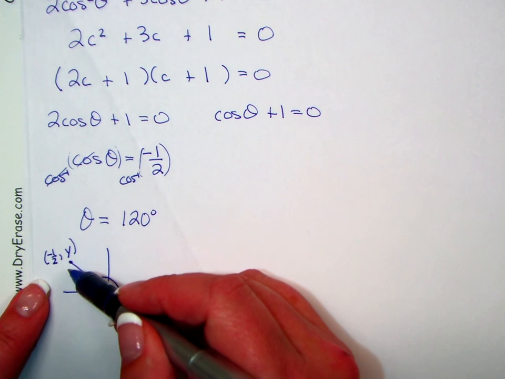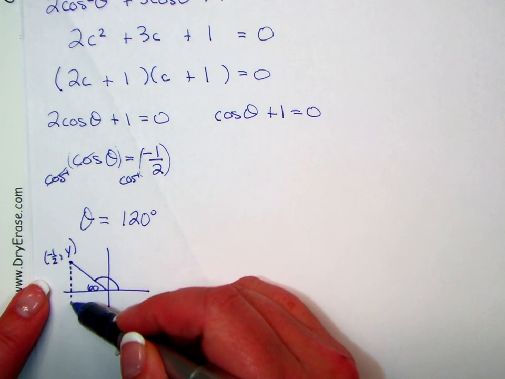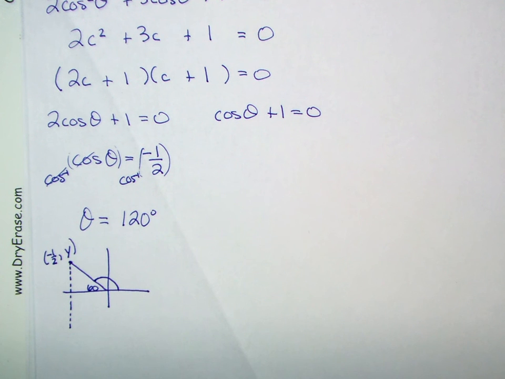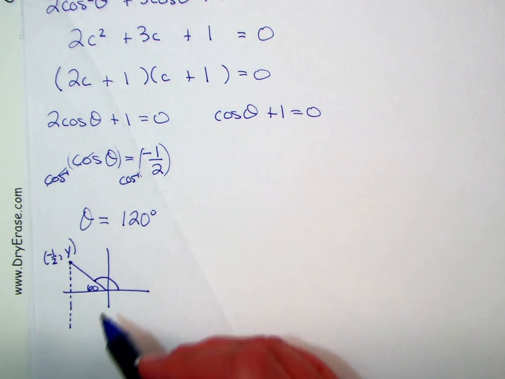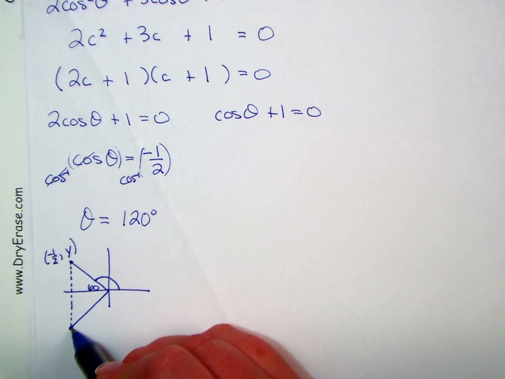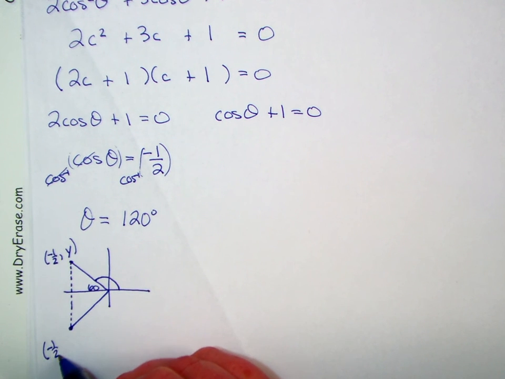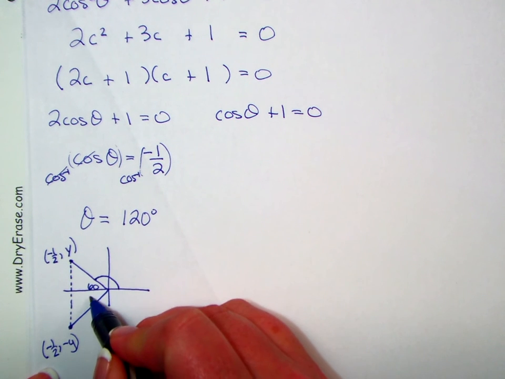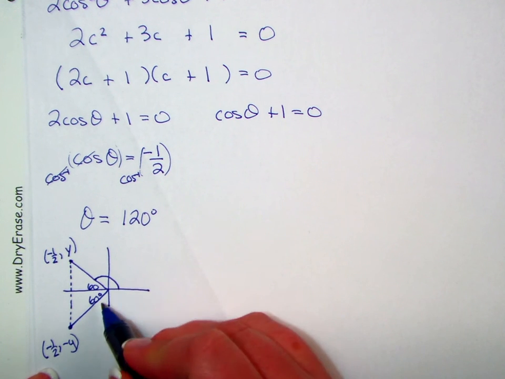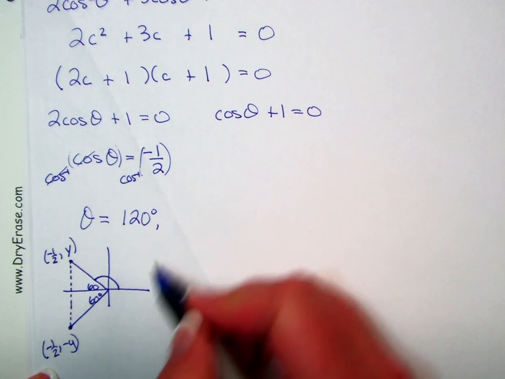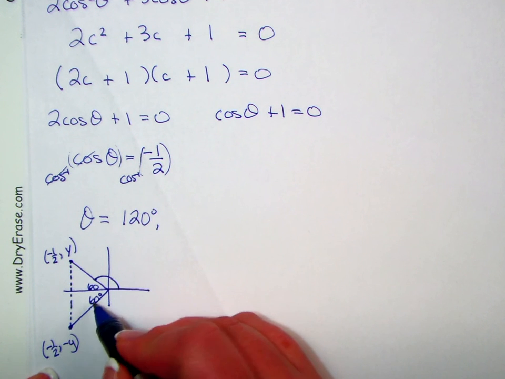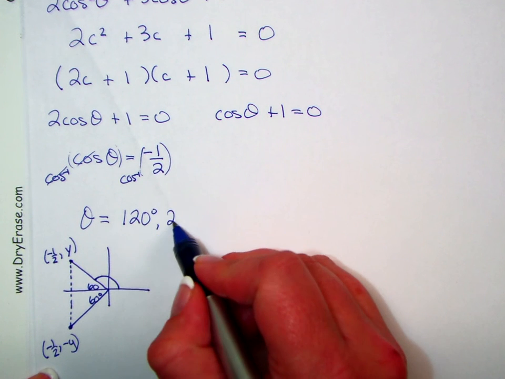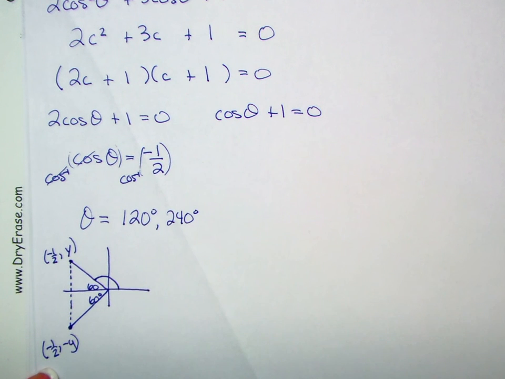Well, since I want the x to be the same, I'm going to go on the other side of the x-axis here. And I'm going to get my angle here. Here's my point. Negative 1/2. This time it's at negative y, right? But the y value doesn't matter. So this is 60 degrees on the other side. So my other solution is going to be 180 plus 60, which is 240. Okay, those are my two fundamental solutions.